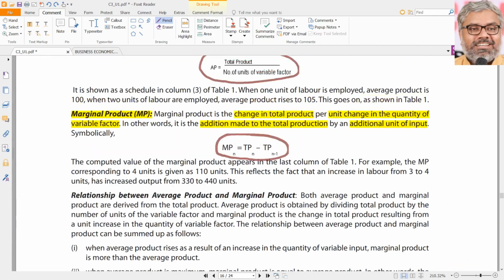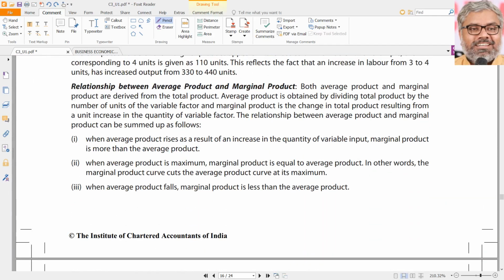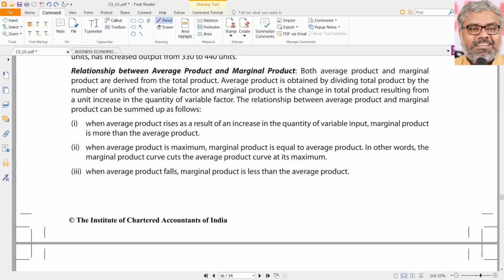So let us understand them with the theory, and at the same time with graphs, how there is a relationship between average product and marginal product. We know how to calculate both. But what is the relationship between these two? Of course, both are derived from total product.